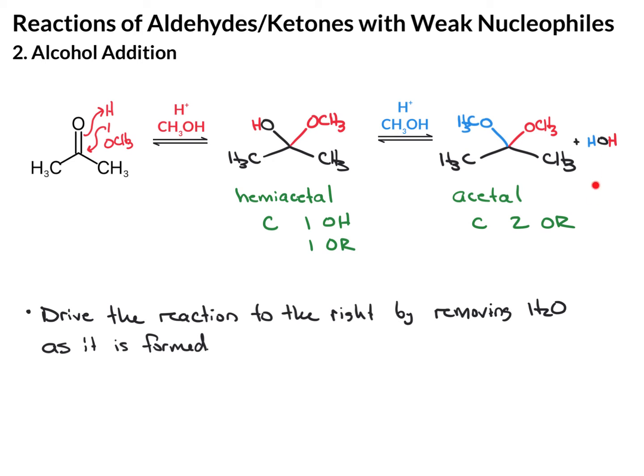If you continually pull out a product from the reaction, that's going to pull the equilibrium in that direction to try to reestablish the ideal equilibrium. So if we keep removing water as it's formed, it's going to drive this reaction to the right. This reaction involves two steps, hemiacetal formation and then acetal formation, and we're going to take a look at both steps along with the reaction mechanism.